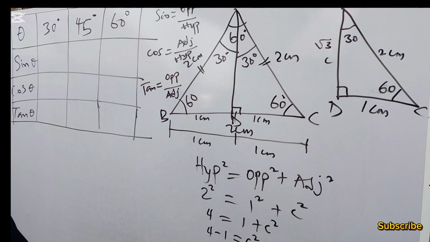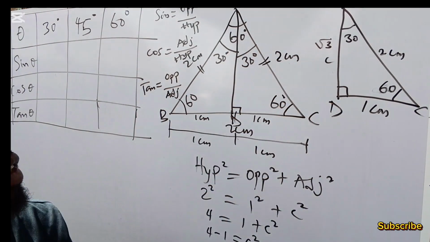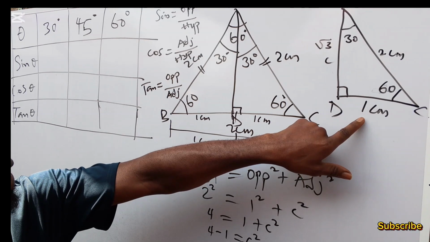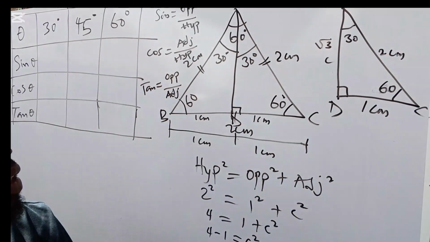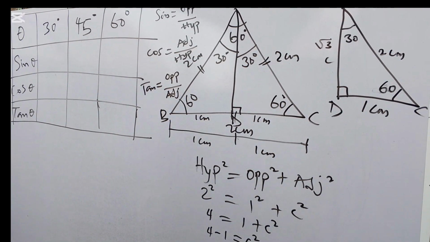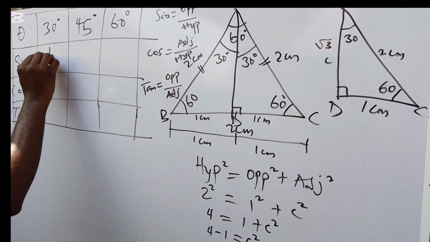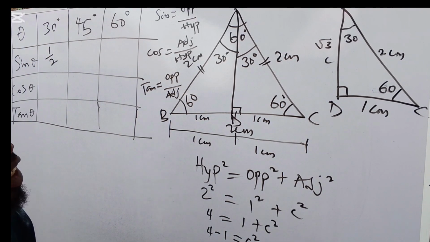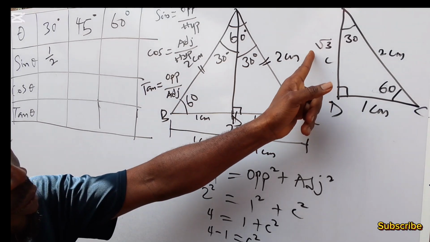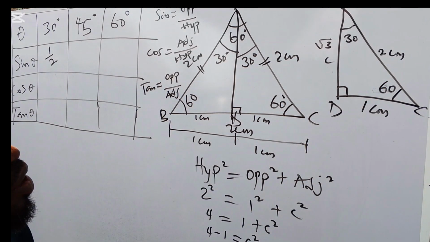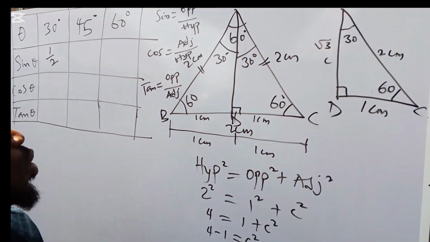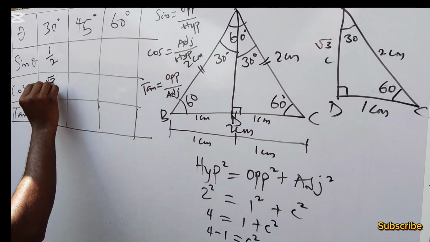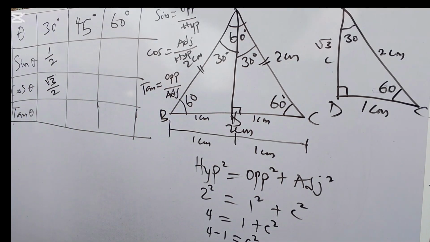So looking at triangle ADC, sine 30 is what? Opposite 1 centimeter over hypotenuse 2 centimeters. That's 1 over 2. So sine 30 is 1 over 2. Cos 30 is adjacent over hypotenuse. Adjacent is root 3, hypotenuse is 2. So cos 30 is root 3 over 2.